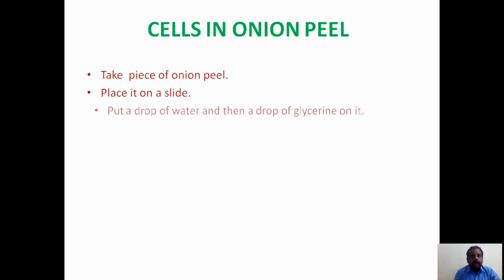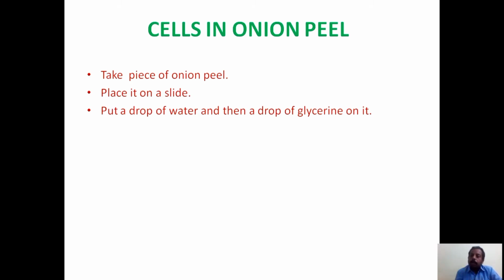Regarding the onion peel experiment, first we have to take a piece of onion peel. You take an onion and just take a peel of it. Take one small piece from that and keep it on a microscopic slide. Then take some water and put a drop of water.